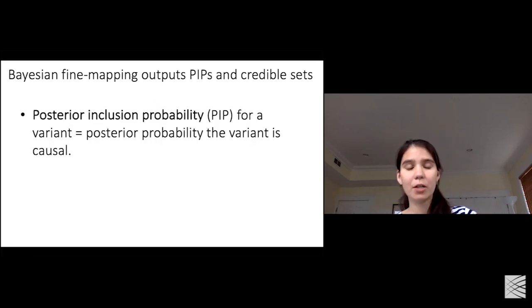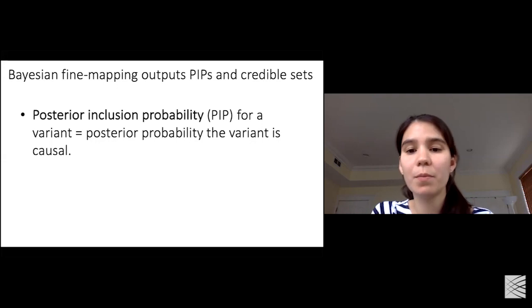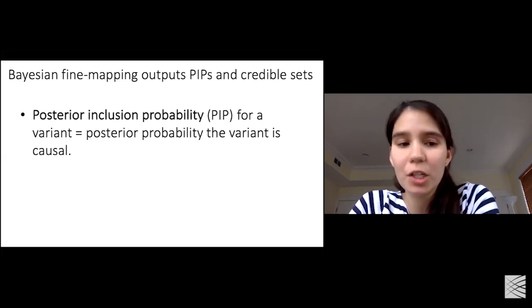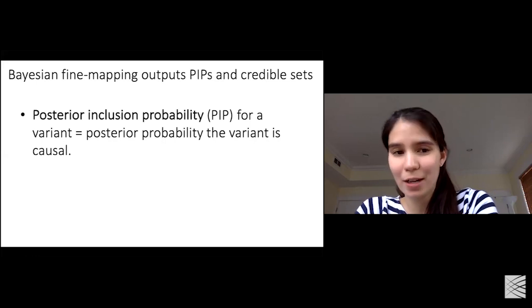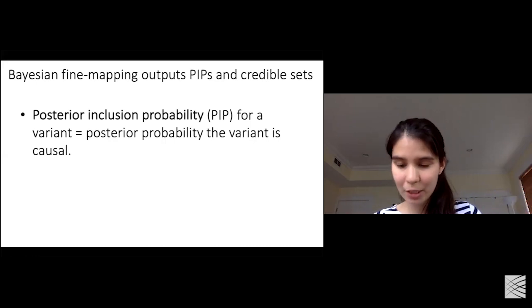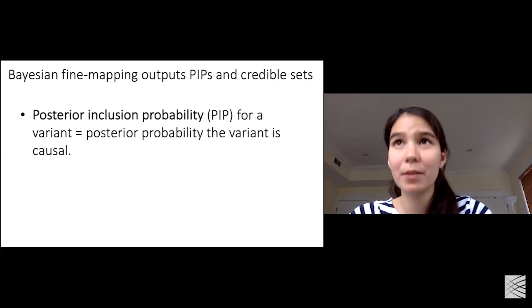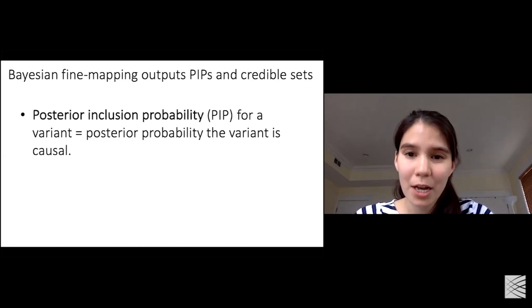The posterior inclusion probability for a variant is the posterior probability that the variant is causal. And this, of course, is according to the model. So once you've bought into all of the assumptions of your model, then the PIP reflects the probability that the variant is causal.